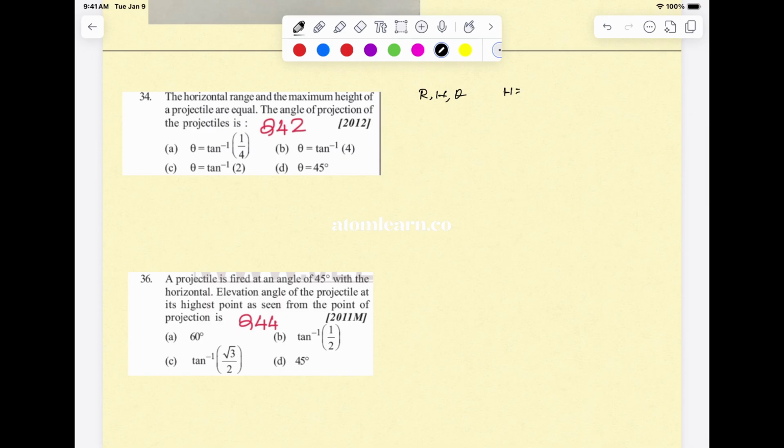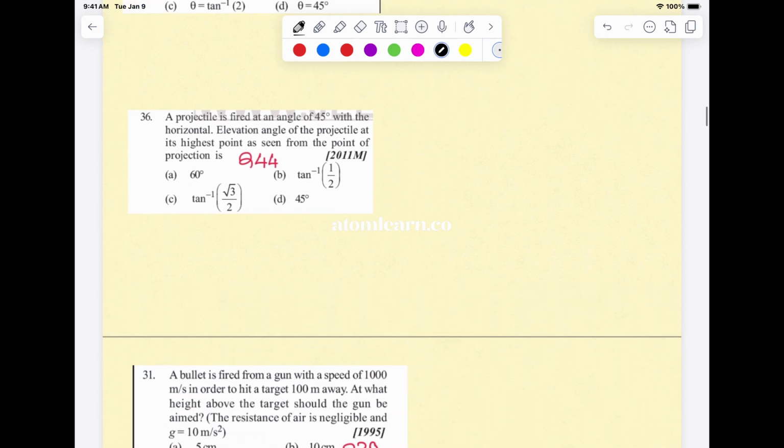Now we know that H equals R by 4 tan theta is the formula. Now it is given that H and R are the same, so they cancel out, and this 4 goes here. Therefore tan theta equals 4. What they are asking is theta, so you must answer tan inverse of 4. Option B.